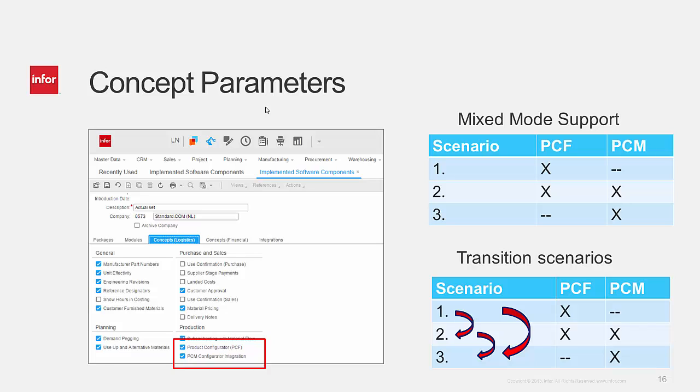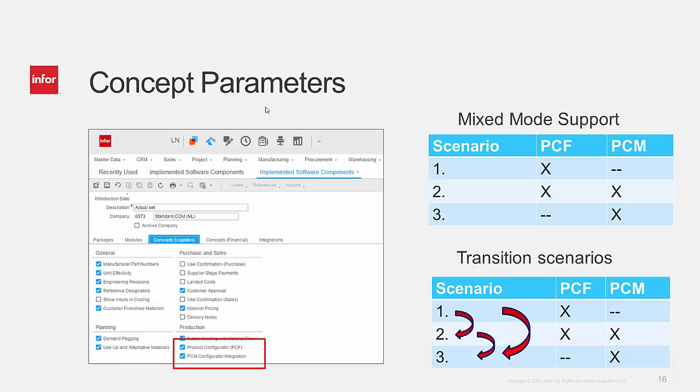There is still also support for the concept where an item configuration is done in PCM and its structure generation is done in PCF. This is similar to the current logic, the logic before 10.4 of the configuration integration concept.